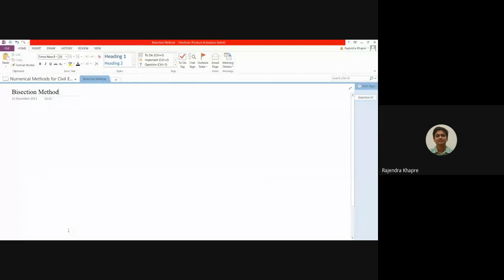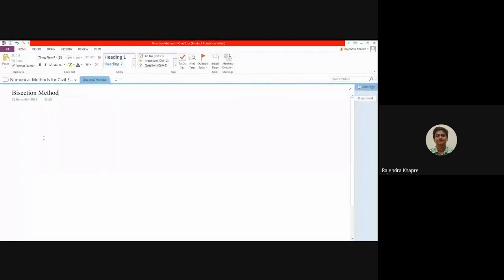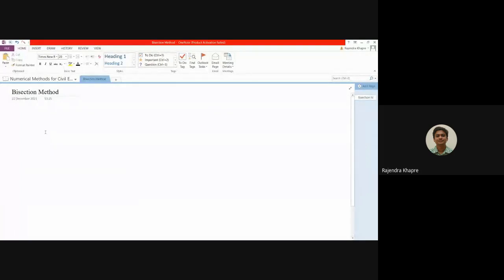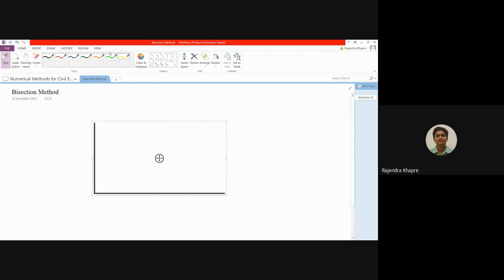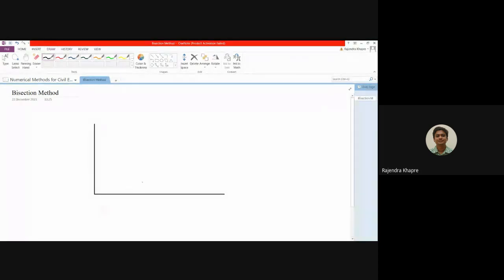The very first topic which we are going to cover is the bisection method. Let me quickly show you how this bisection method is going to work. Let us say we have an equation, and that equation is represented by a simple curve, something like this.